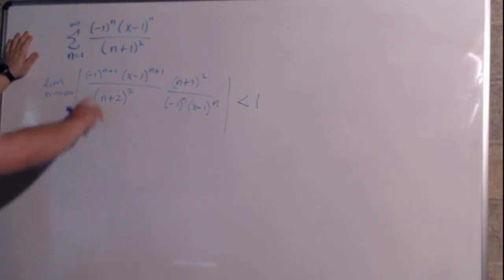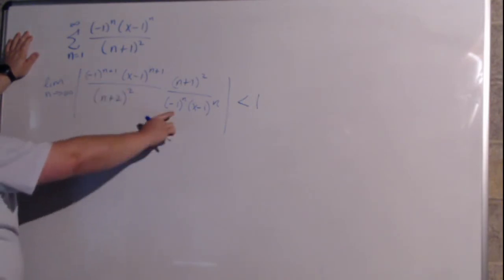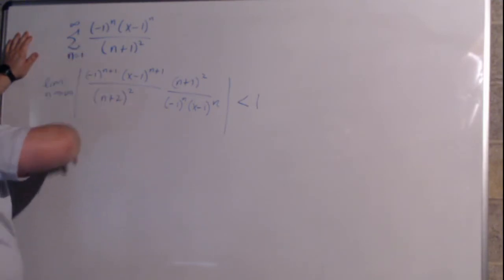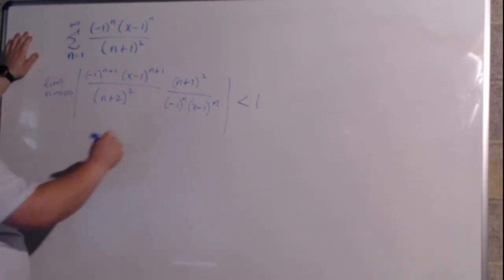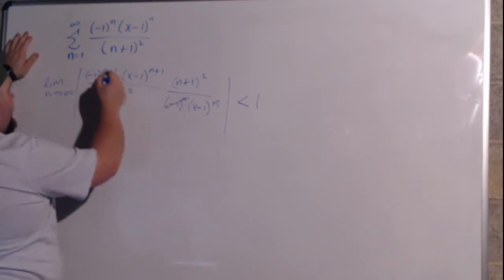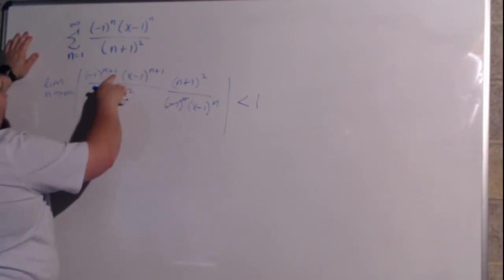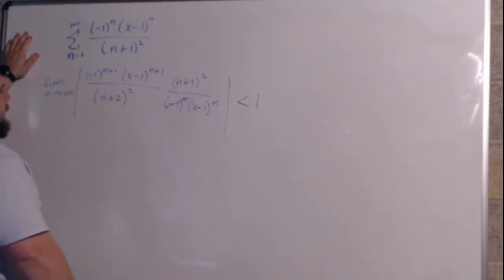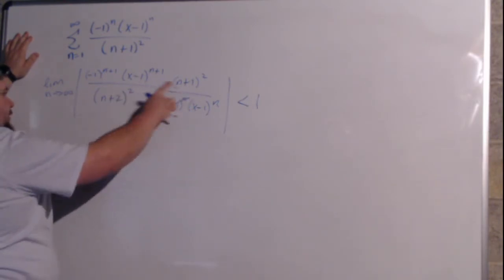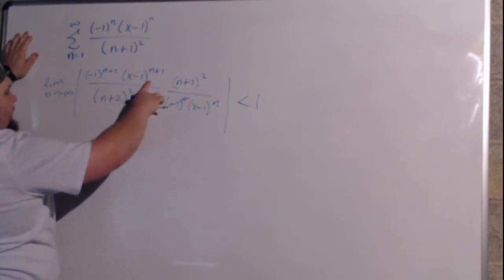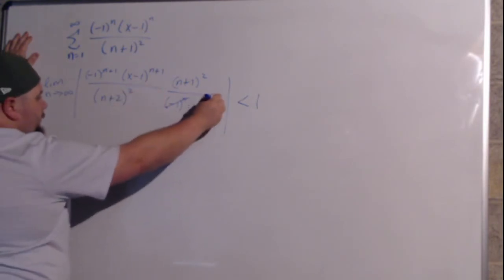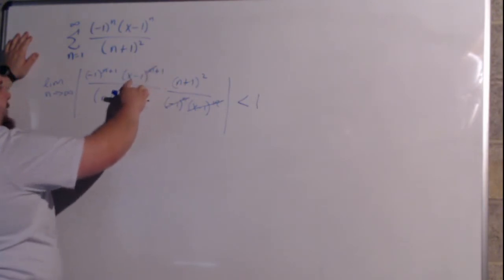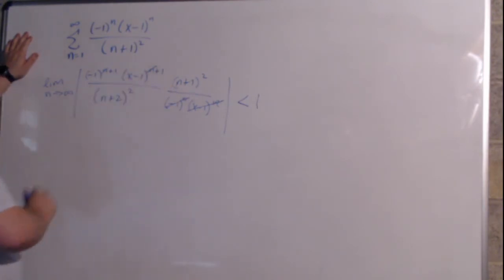So the negative 1 to the n's, or n plus 1, if I take the absolute value, they disappear. Or if you really want, you could get rid of the n, you still have negative 1, but when you take the absolute value again, that disappears. I'm going to put these two squared terms together, and then I've got this x minus 1, which will cancel with that one and leave me just x minus 1 to the first power.